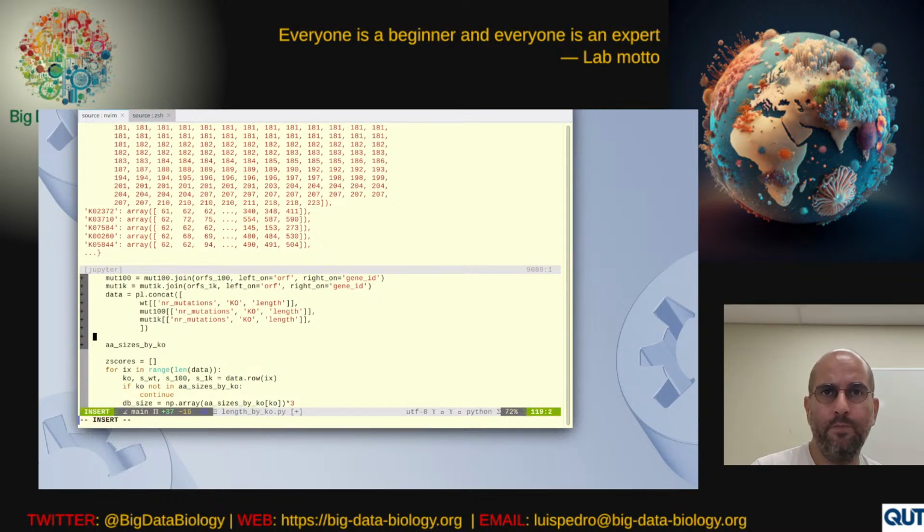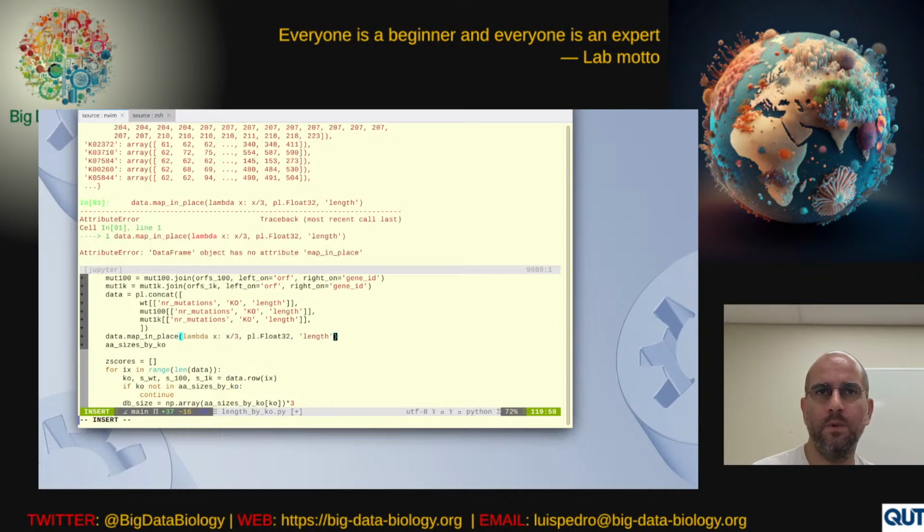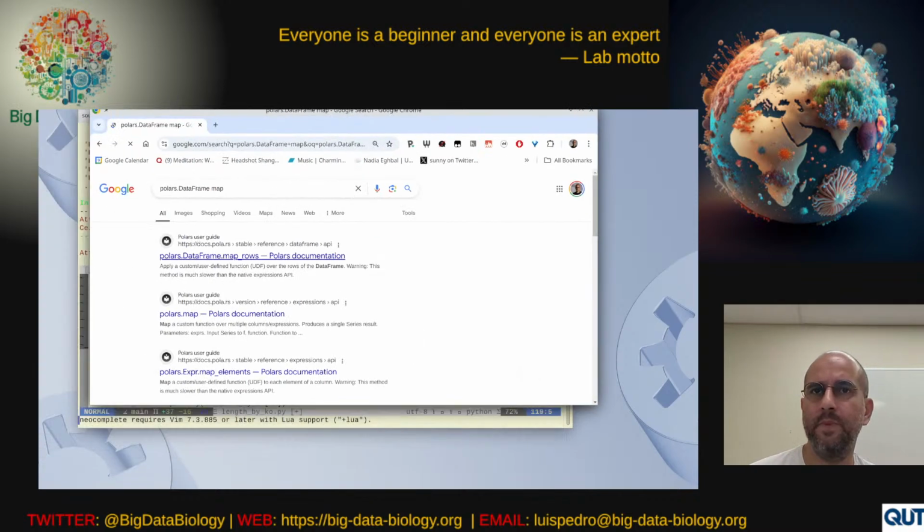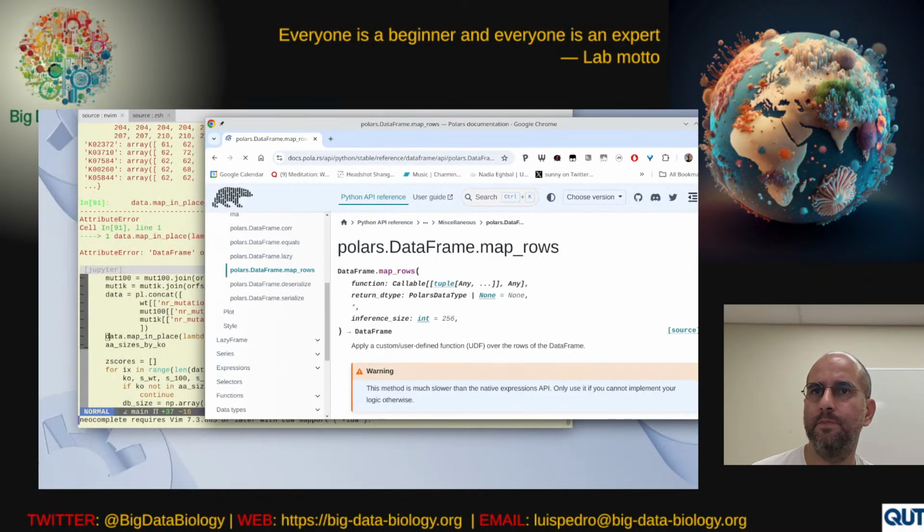All right. We need some sort of map rows, something like this.